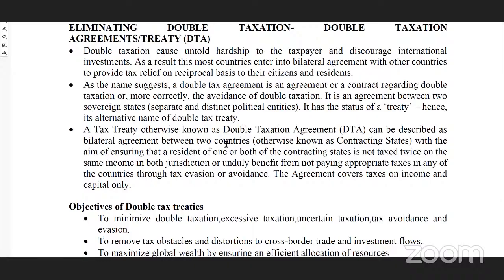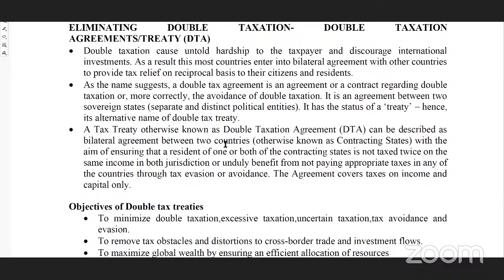All right. Now we have seen that we have two main approaches for relieving people from double taxation. What are those approaches? Unilateral, bilateral, and then what?